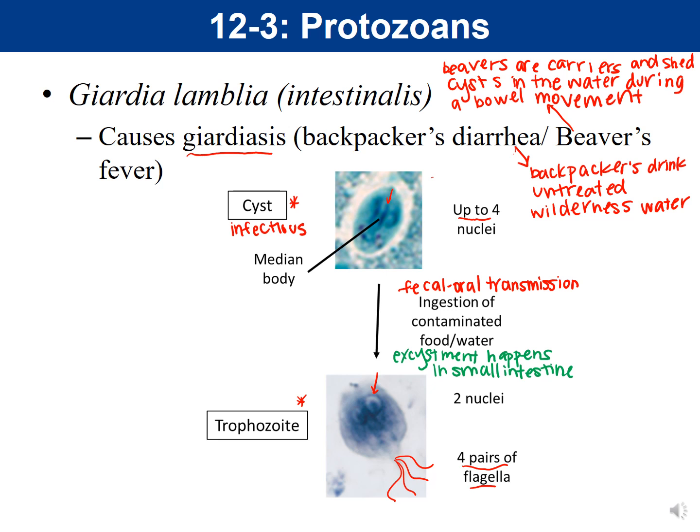And the troph has a sucking disc on its ventral side, so its belly side, and it attaches to the intestines and it eats bacteria.